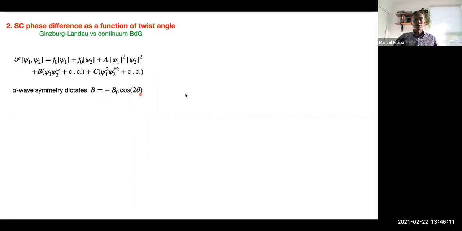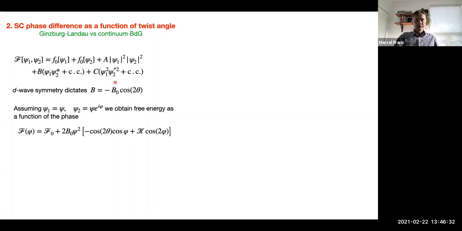There could be higher harmonics, but to leading order we just use this. Now, coefficients C and A are not really required by symmetry to change sign, so I will treat them as constants from now. So we can now solve this Ginzburg-Landau theory.